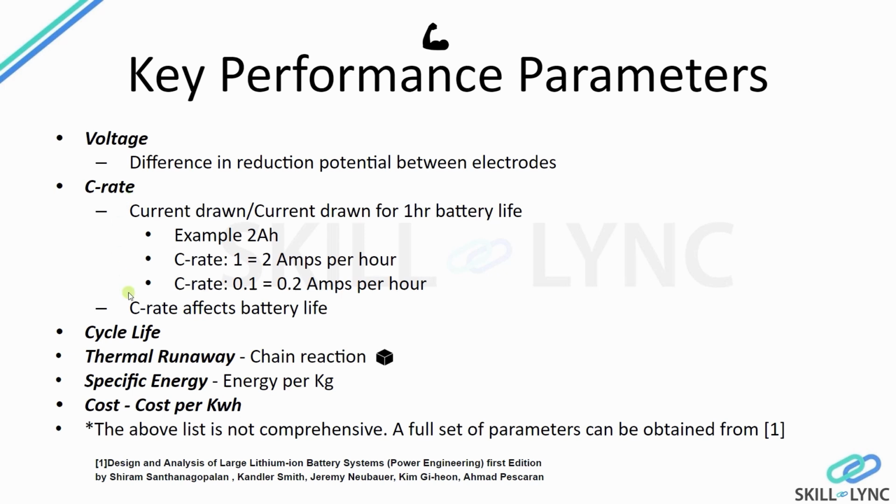Then you have something called cycle life. Cycle life basically says how many cycles of charge and discharge a battery can withstand. Now ideally for EV applications that should be a lot. So you need to first define what a cycle means.